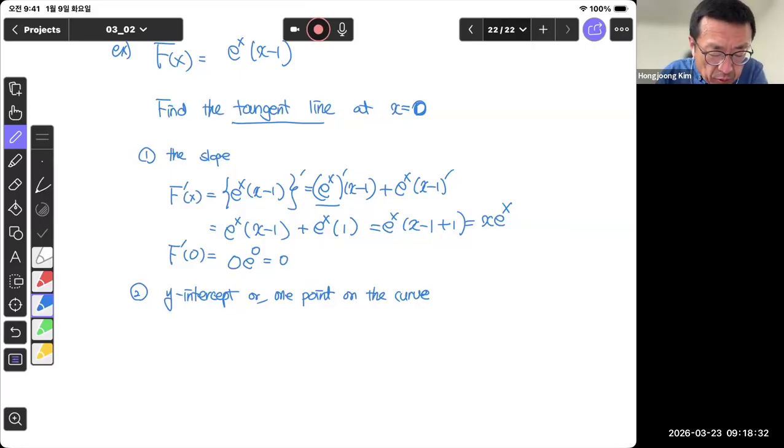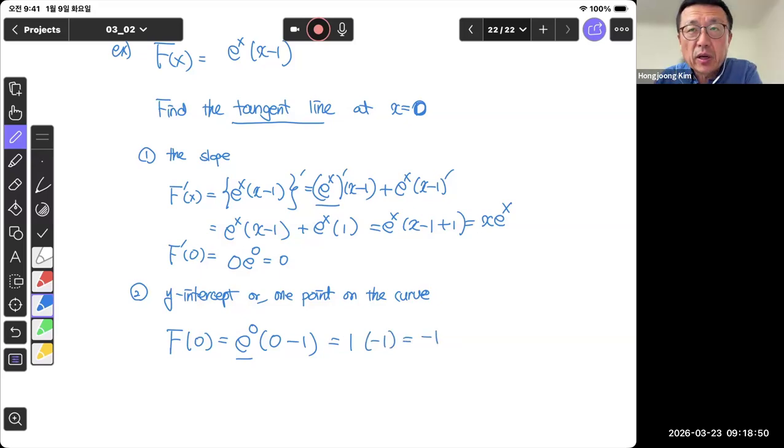If I evaluate my function at 0, then e to the 0 times 0 minus 1. E to the 0 is 1, and 0 minus 1 is negative 1. So the value is negative 1. That means one point on the curve is this: the curve passes through the point 0, negative 1.